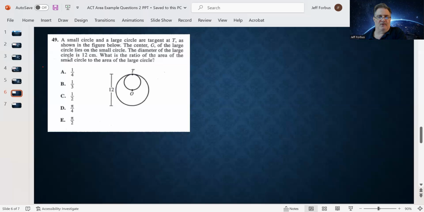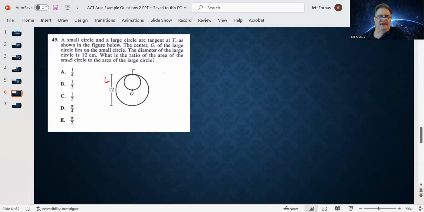The diameter of the large circle is 12. So that's what's out here in our figure. The 12 represents the diameter of the large circle. So therefore, the radius is 6 of the large circle. And that radius of the large circle represents the diameter of the small circle.